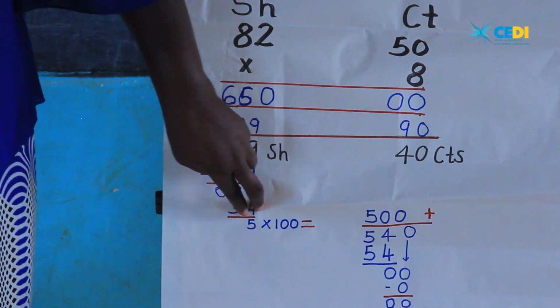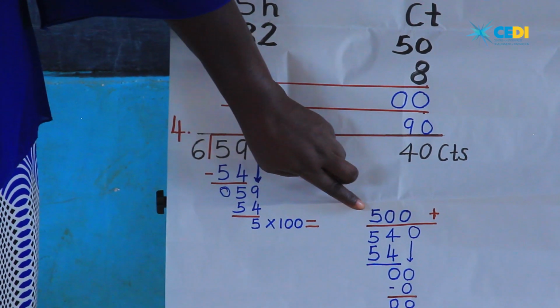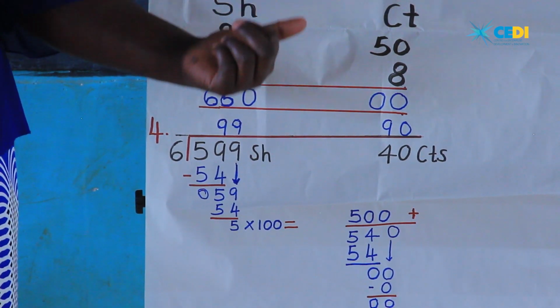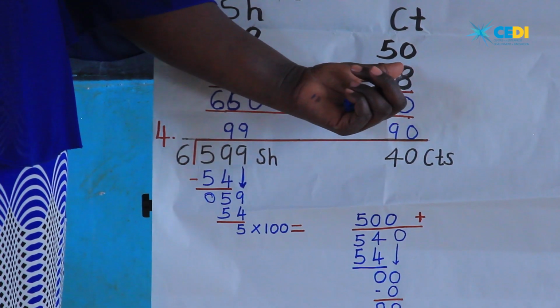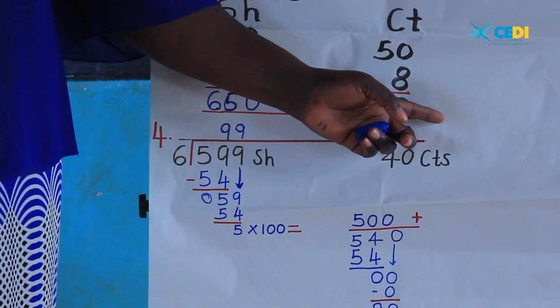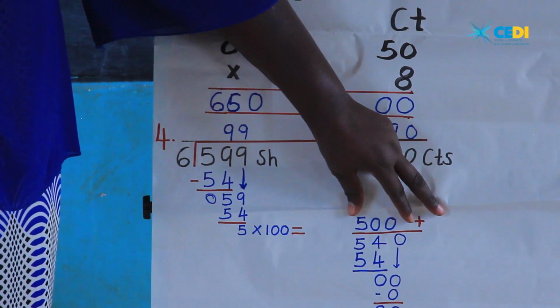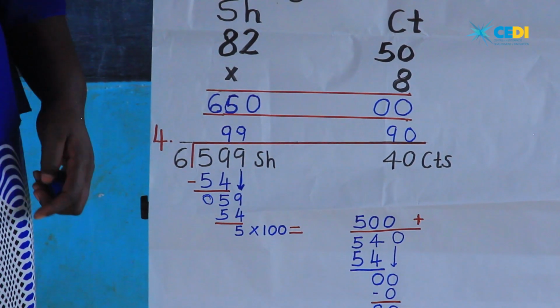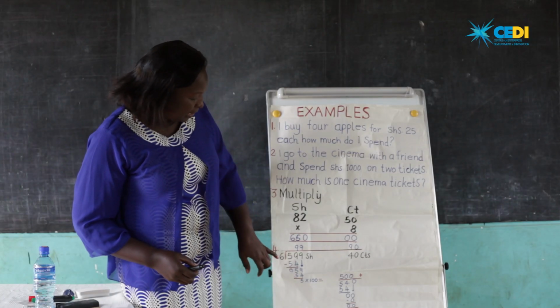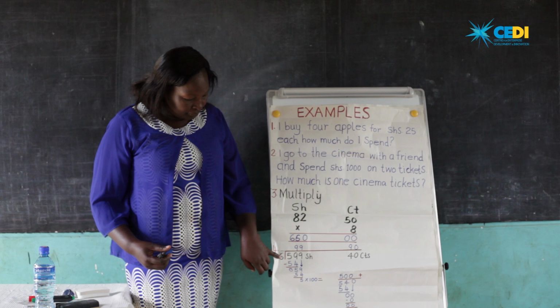So 5 times 100 will give us 500. But remember previously, we had 40 cents. So my 500, I will add to the 40 cents that I have. So my new amount is going to be 540 cents to be divided among my 6 children.